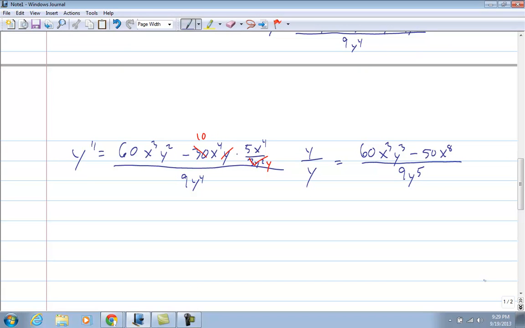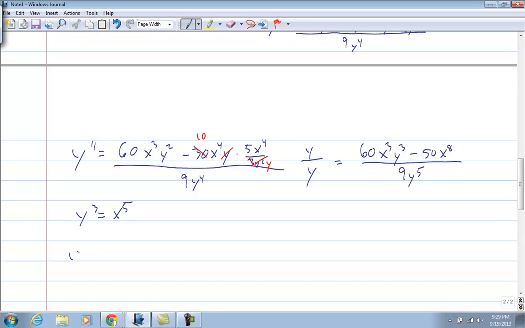Now here's the part that gets kind of interesting. We have the relationship initially given to us that y cubed equals x to the fifth. And so I'm going to start using the substitution that is part of this problem. I'm going to put x to the fifth in place of y cubed up here.